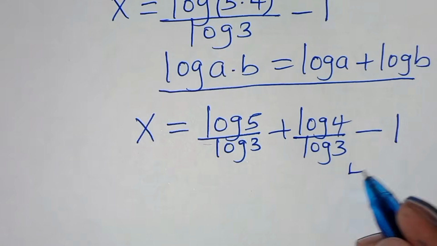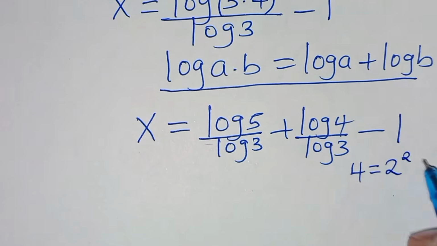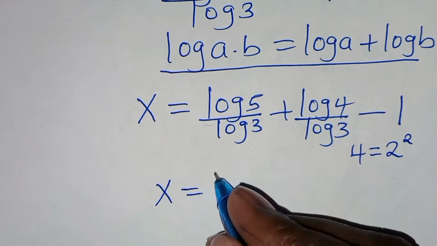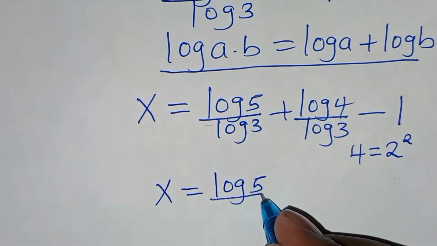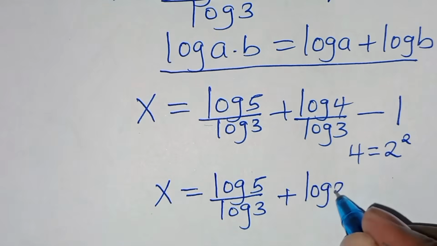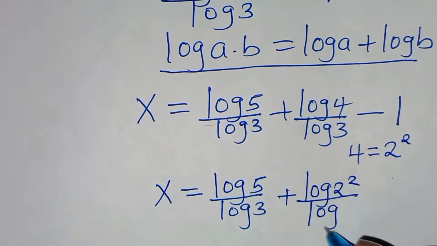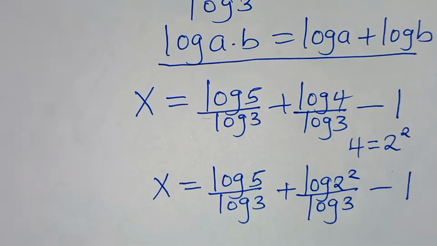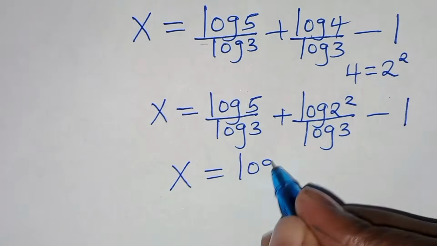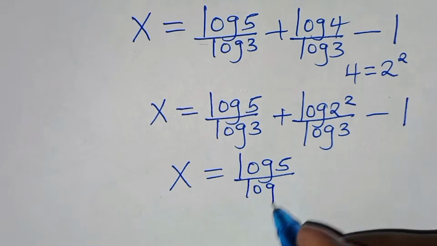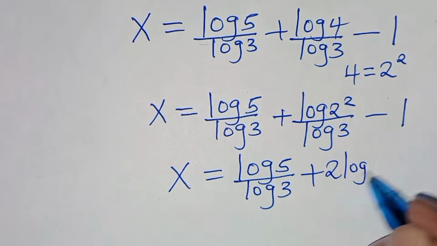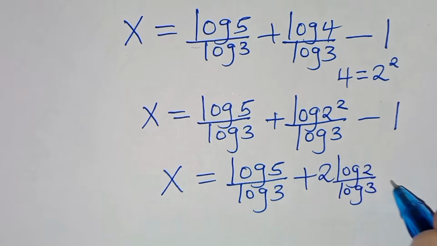The next step is that we can express 4 as 2 to the power 2. So this implies that x is equal to log 5 divided by log 3, then plus log 2 to the power 2 divided by log 3 subtract 1. So x is equal to log 5 divided by log 3, plus we can express log 2 to the power 2 as 2 log 2 divided by log 3 subtract 1.